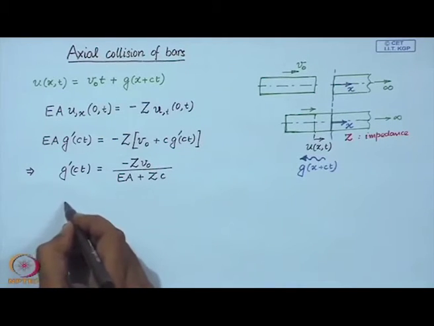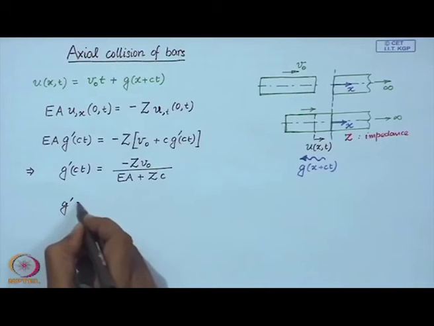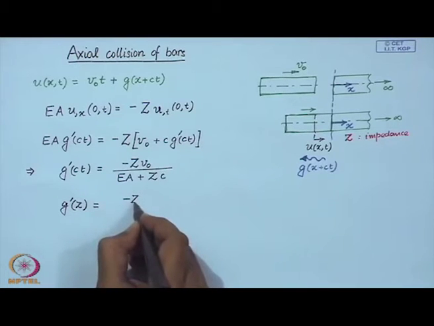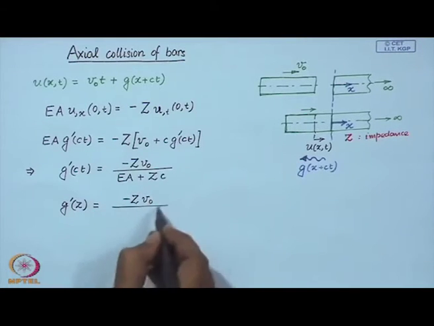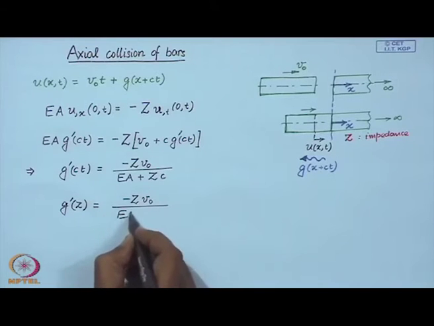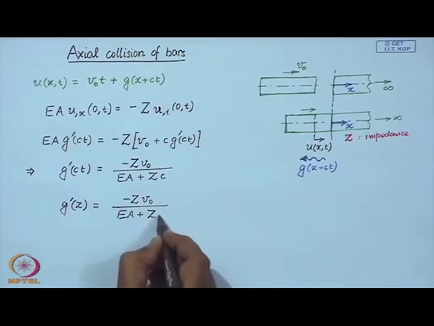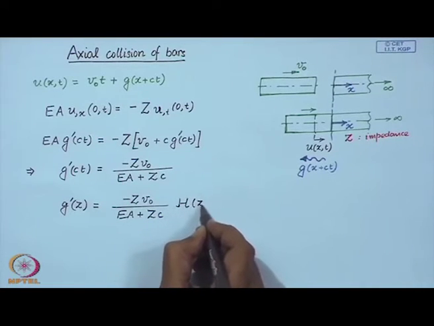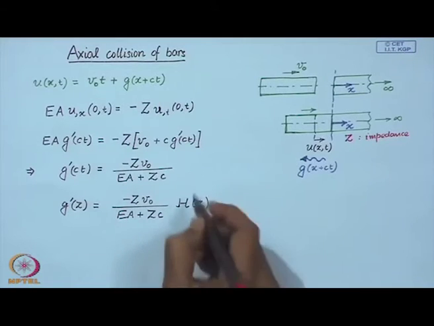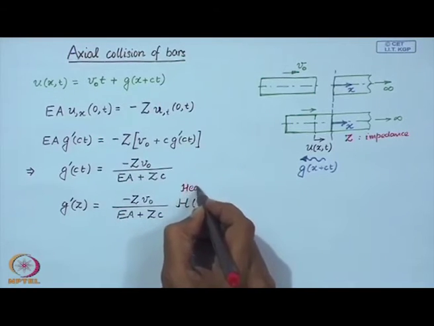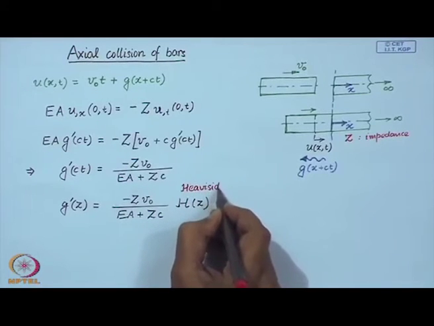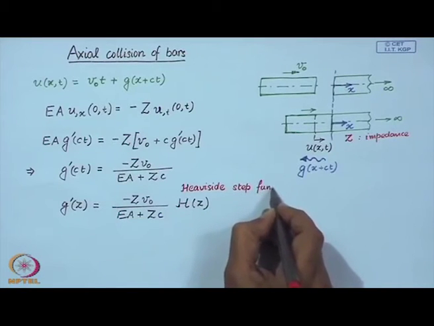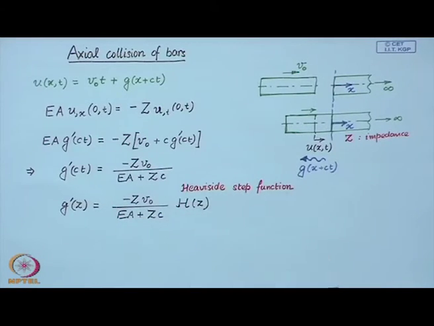Now, to take care of the causality, we can write g prime with z, where this is the Heaviside step function.